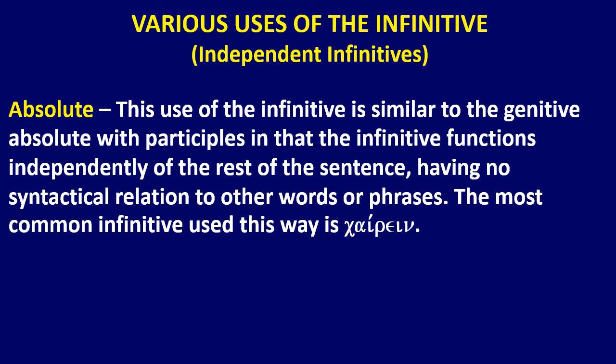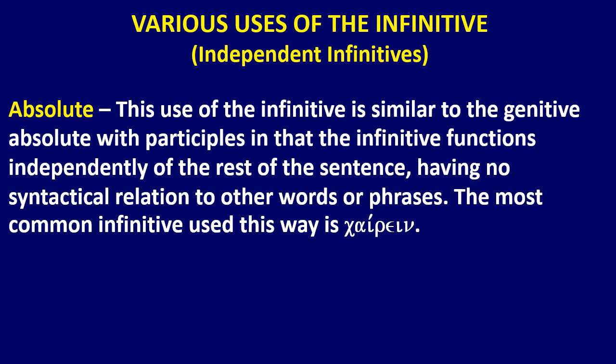Remember, the genitive absolute set the participle construction apart from the rest of the sentence so that it was separate. Now, it often will do that to emphasize that separate part of the sentence. That's the genitive absolute. But here with the infinitive, it can function in absolute separation from any syntactical relation to other words in the sentence.